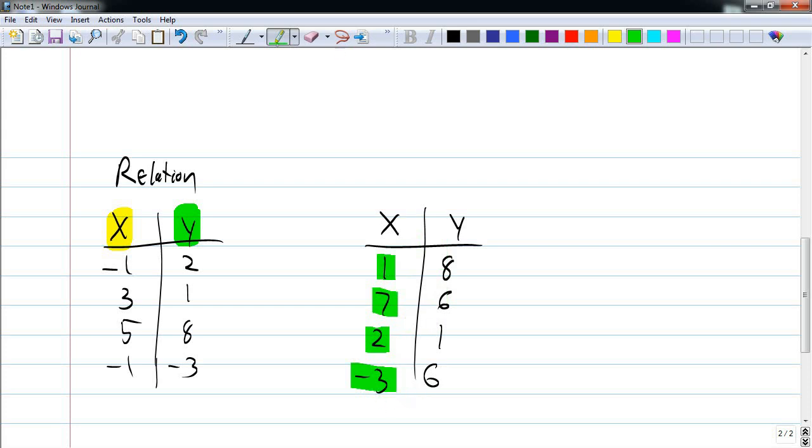If this is the case, then we have not just a relation. Well, actually, it is a relation, but we can do better than that. We can call it a function.